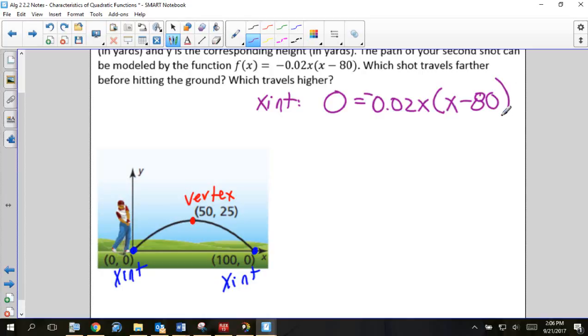How could I get 0? Could negative 0.02x equal 0? Is there an unknown value in that? There is. So this could equal 0. And then the other thing could be x minus 80 equals 0.